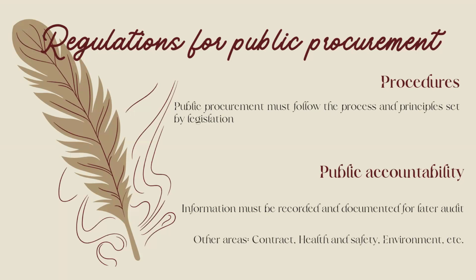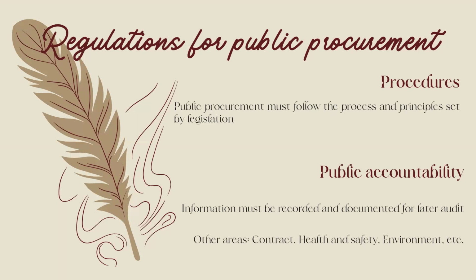And beyond this, we still have other areas of legislation. One would be public accountability, like what kind of information public procurement should publish and make available to the public. They need to be accountable for the budget, or for the criteria and the selection of the supplier.